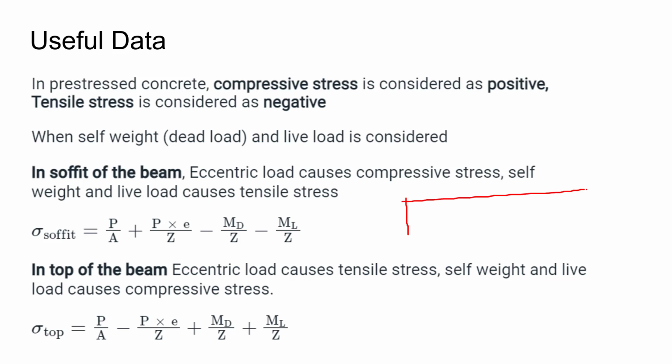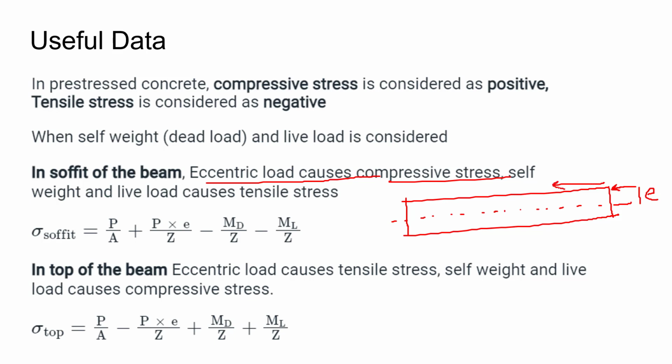What he is trying to say is, if this is the prestressed beam, this is the center line of the beam, in the soffit of the beam the eccentric load causes compressive stress. If this is an eccentric load at eccentricity of small e, this will cause compressive stresses in the beam, whereas the self-weight and live load cause the tensile stress, where this dead load will cause tensile stress.